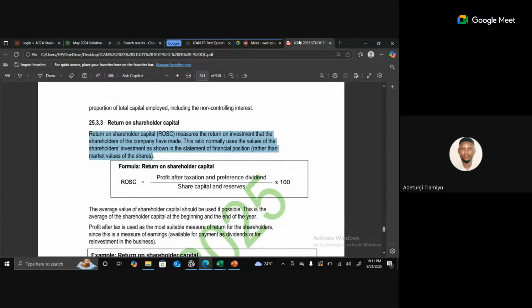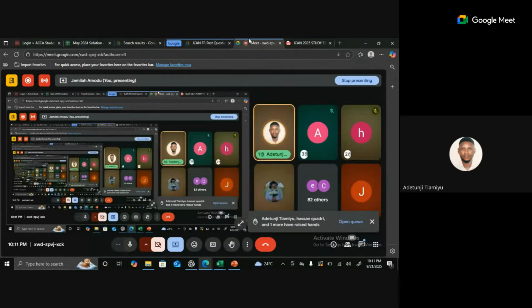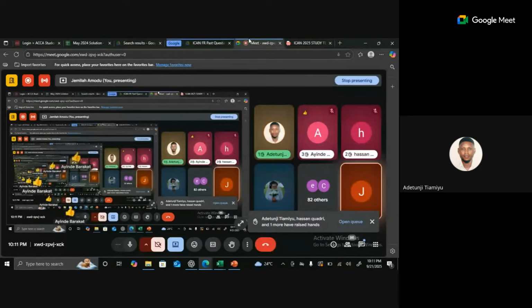You add the preference dividend as an expense to taxation, then the addition of both taxation and preference dividend will be taken from the profits. That makes the words profits after tax and preference dividend.